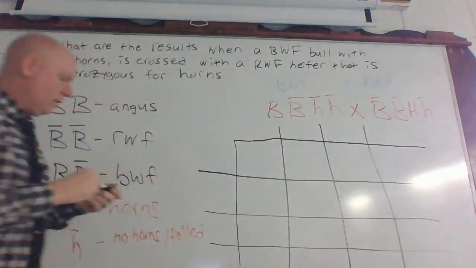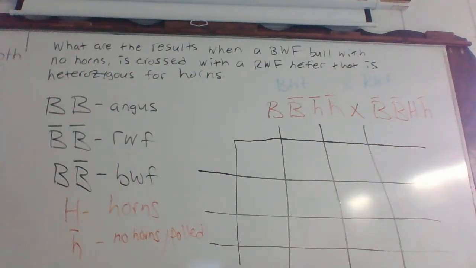I believe Mr. Holt was talking about your FOIL method. You've done that in algebra, correct? Where you take x plus 2 times x minus 3. Some classes have, some classes have not. Does that sound right? Well, okay, so some classes have, some have not.